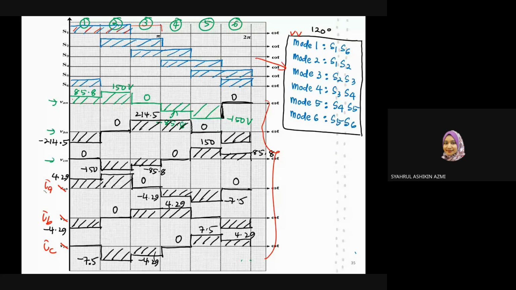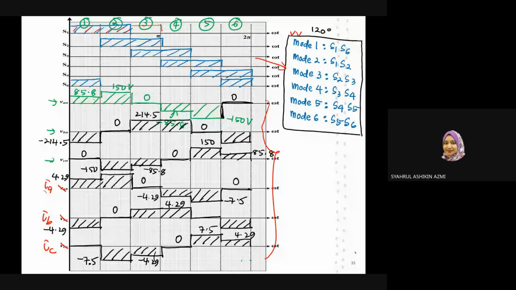For example, in mode number 1, VAN is 85.8 volt, right? Mode number 2, VAN is 150. So make sure the level is correct and appropriate, which is 85.8 should be lower than 150.